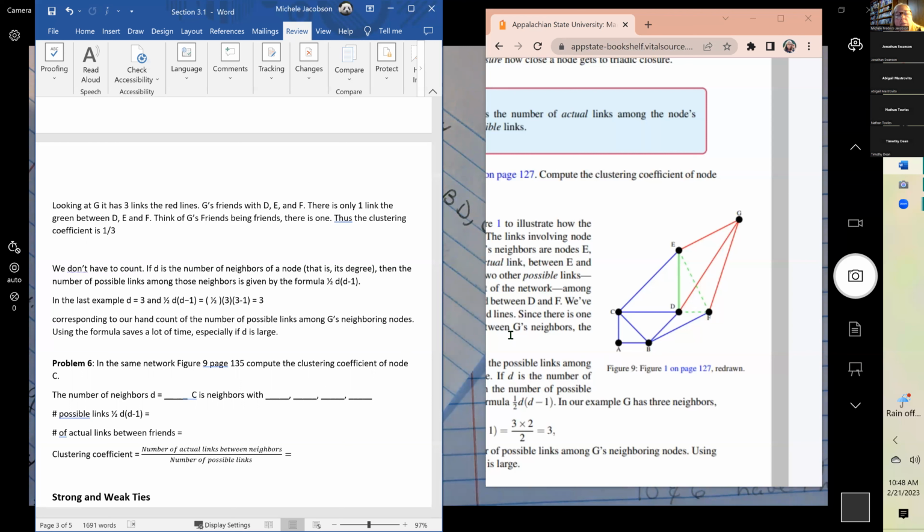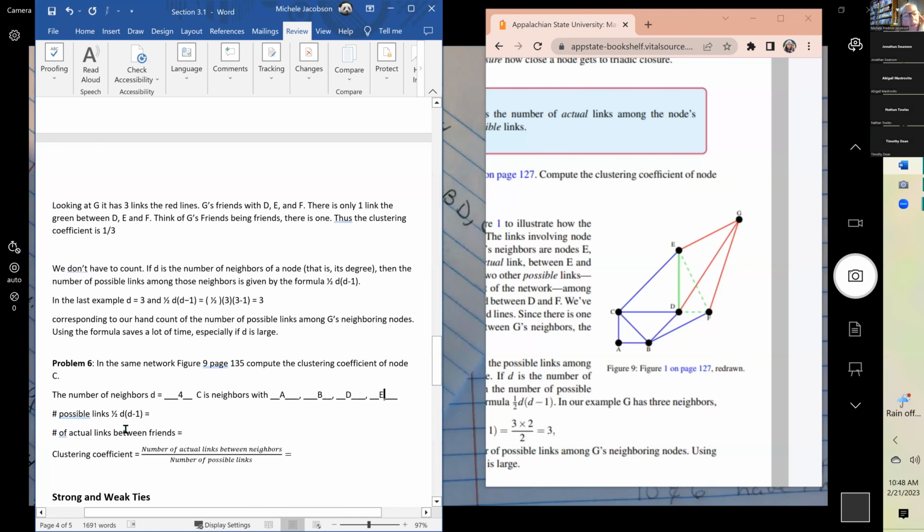And so C has 4. They are A, B, D, and E.